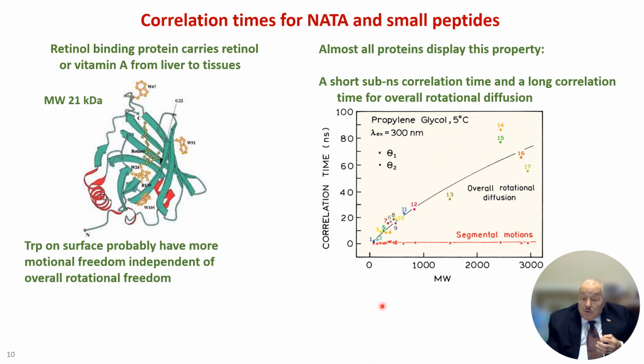So here we have those two numbers listed for the segmental motion as a function of molecular weight, and the global motions as a function of molecular weight. Of course, the global correlation times become much larger, but pretty much you get the same short segmental motions of the tryptophans independent of the protein molecular weight.